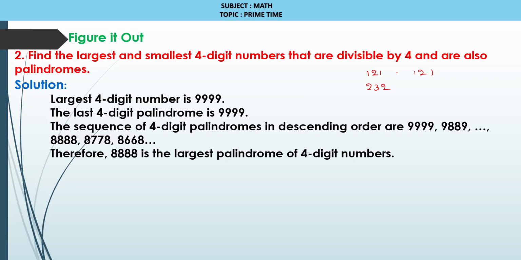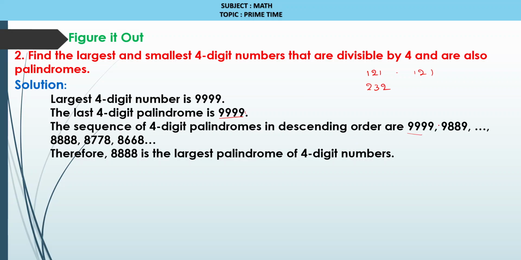So the largest 4-digit number is 9999. The last 4-digit palindrome is 9009 because even if we reverse it, the same number comes. So the sequence of 4-digit palindromes in descending order is 9999, 9889 and so on, 8888 and so on.